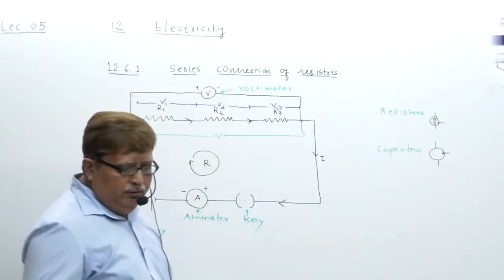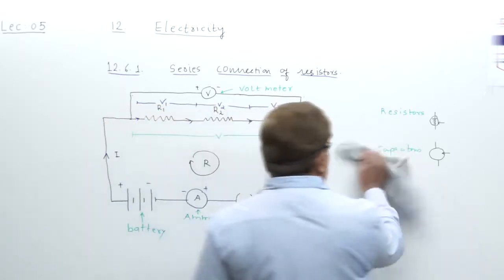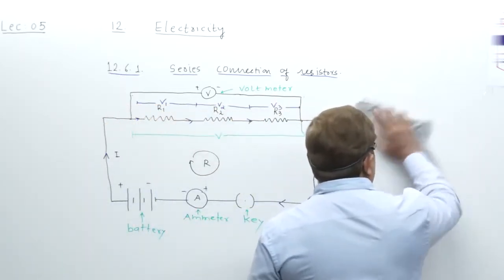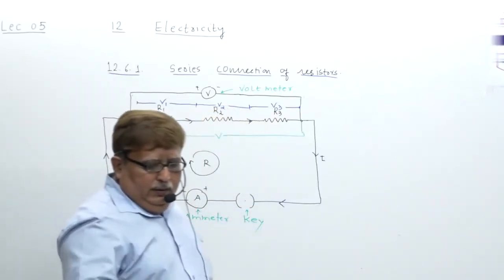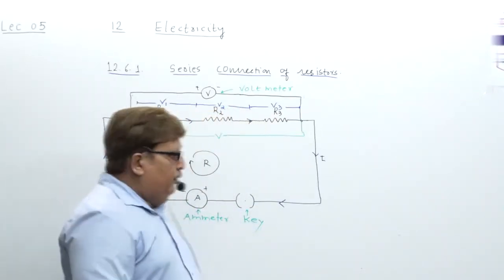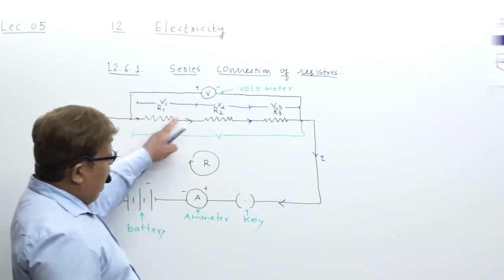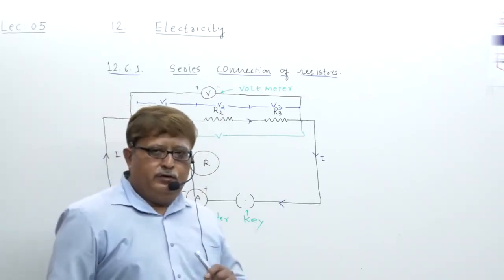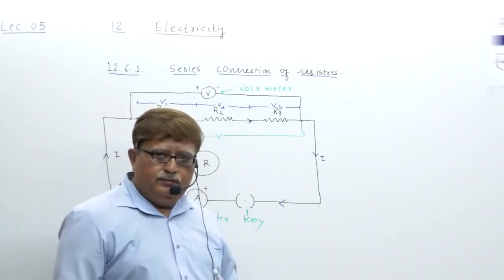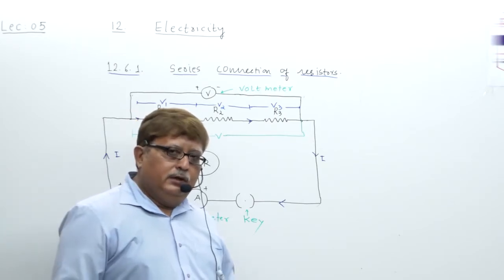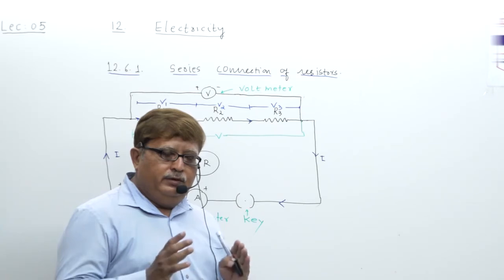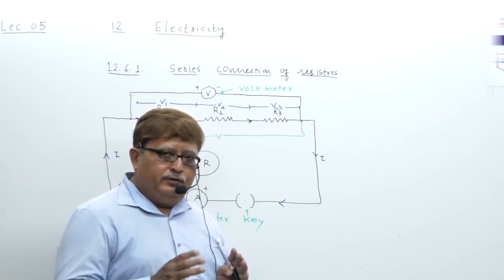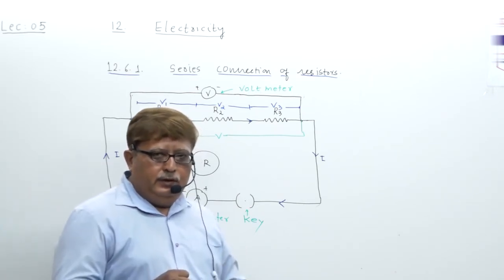You all know one thing, that amount of current passing through each resistor remains the same, that is I, but potential difference across each resistor is different.